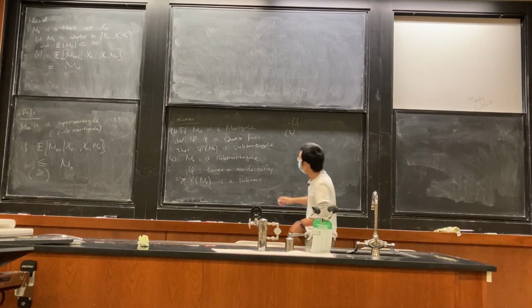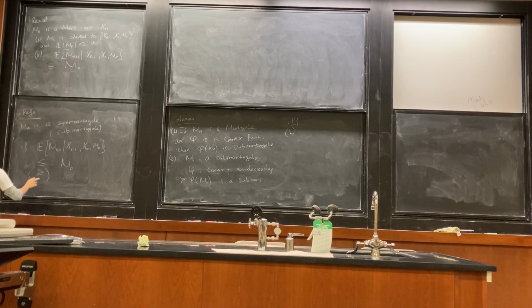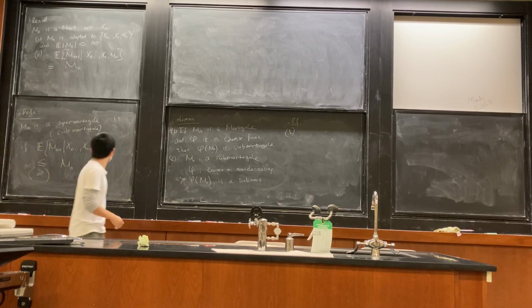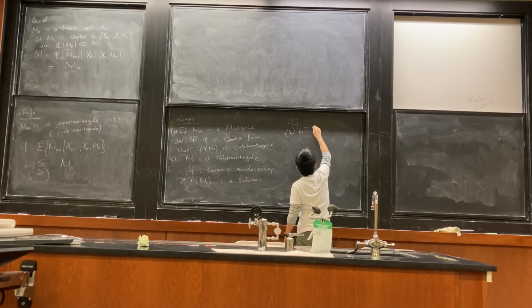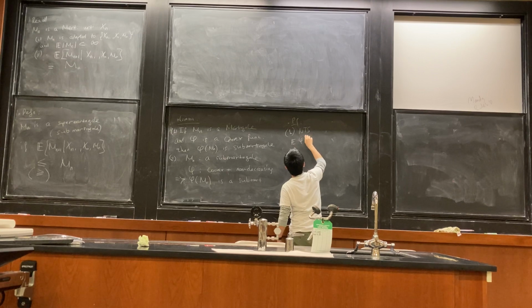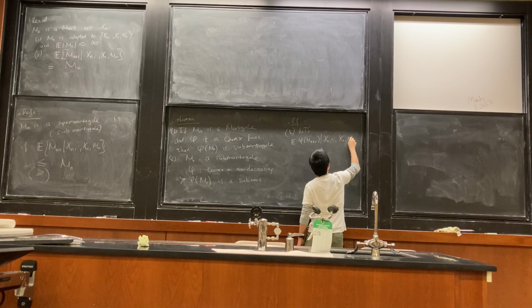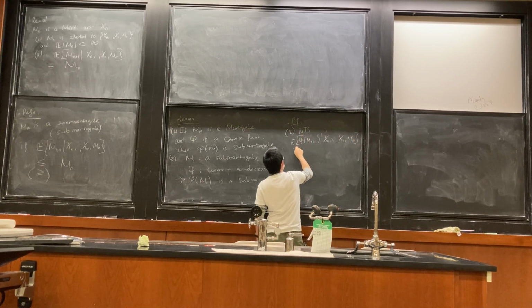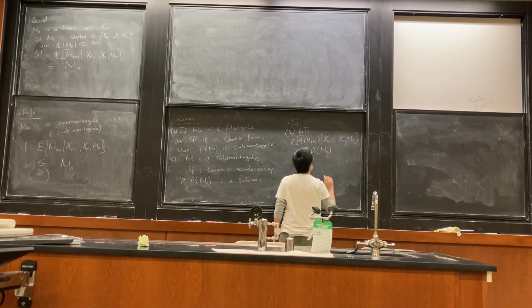If I want to show phi of Mn is a submartingale, I need to show the inequality: the expected value of phi of Mn plus 1 conditioned on X naught through Xn is greater than phi of Mn.